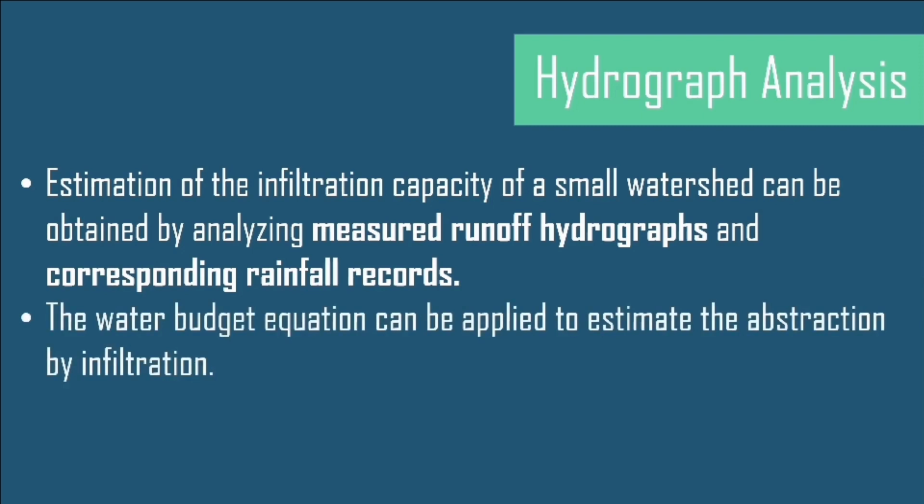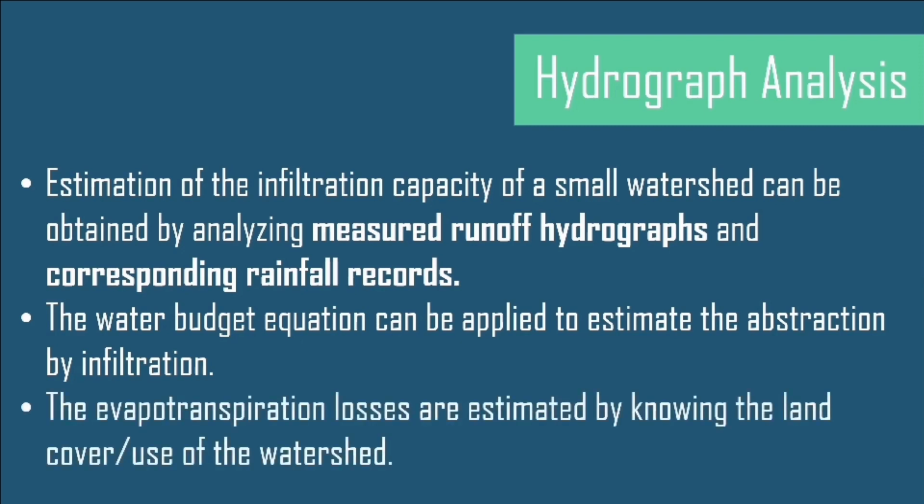If sufficiently good rainfall records and runoff hydrographs corresponding to isolated storms in a small watershed with fairly homogeneous soils are available, the water budget equation can be applied to estimate the abstraction by infiltration. In this process, the evapotranspiration losses are estimated by knowing the land cover or use of the watershed.